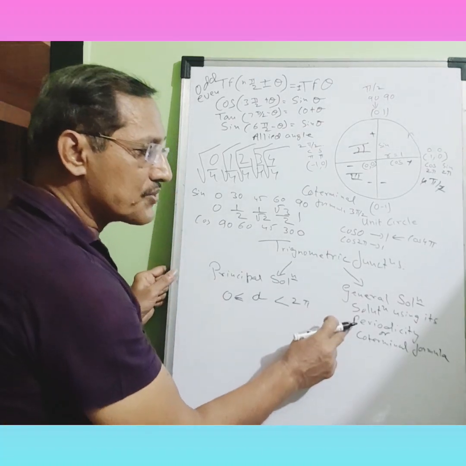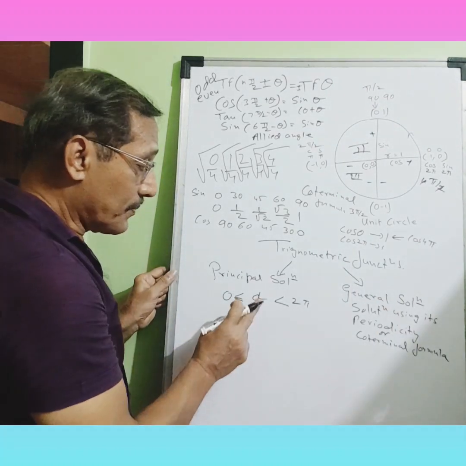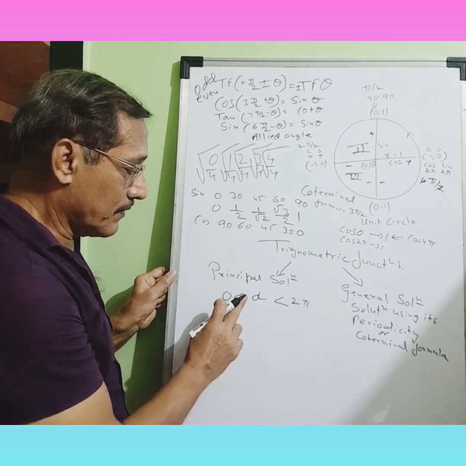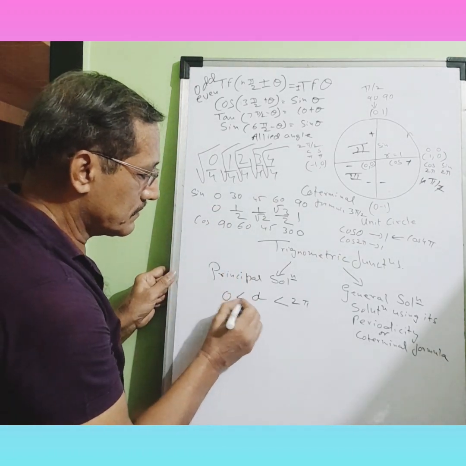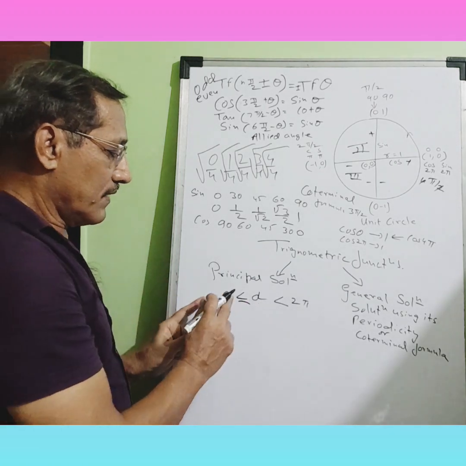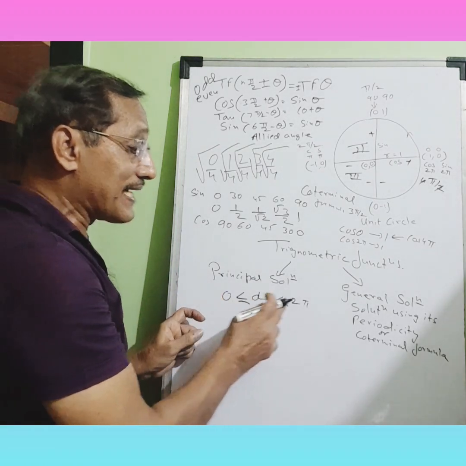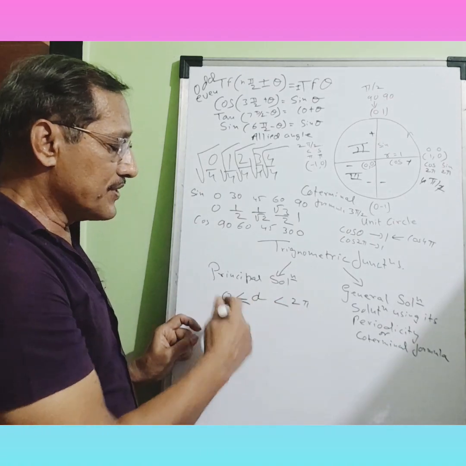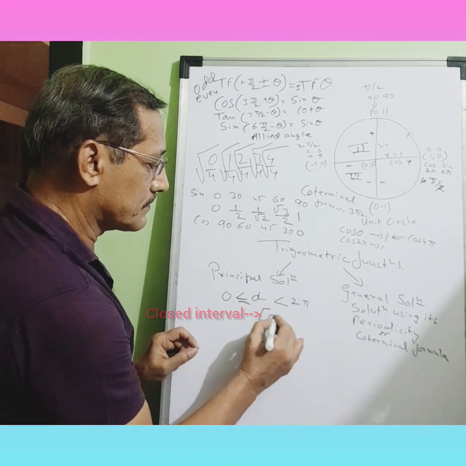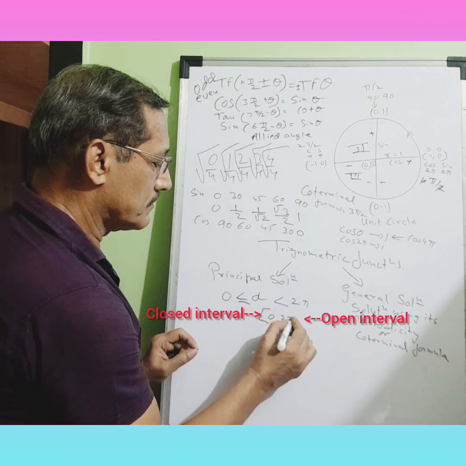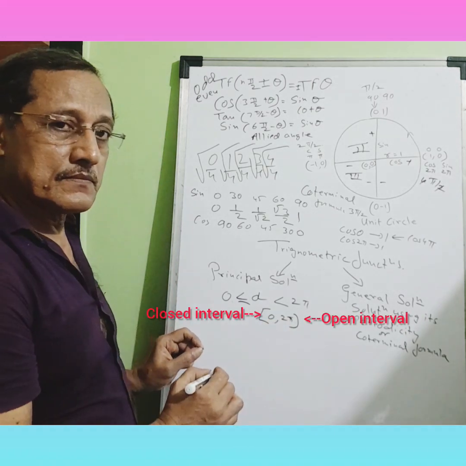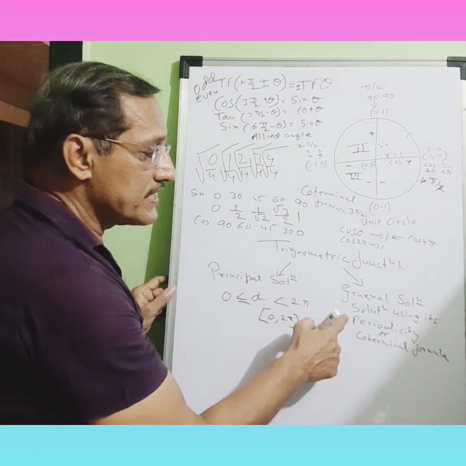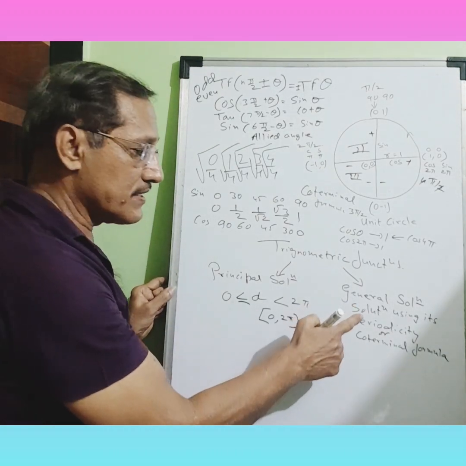So general solution, let me go in for principal solution first. So principal solutions are those values which are equal to or greater than 0 but less than 2 pi. Alright, we also mention it this way, whereas this is periodicity.